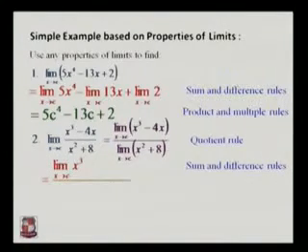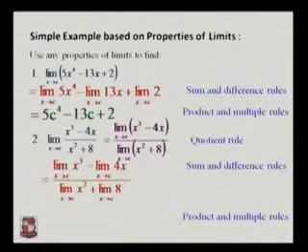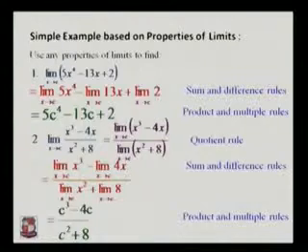So limit x tends to c x cube minus limit x tends to c 4x upon limit x tends to c x square plus limit x tends to c 8. So we will get, then with the product and multiple rules, c cube minus 4c upon c square plus 8.